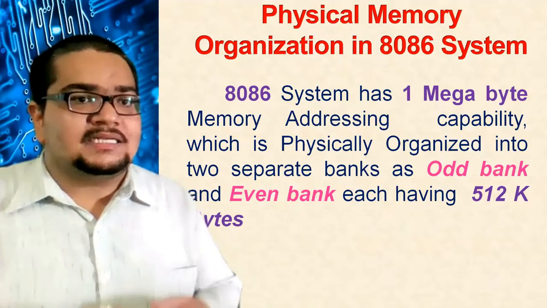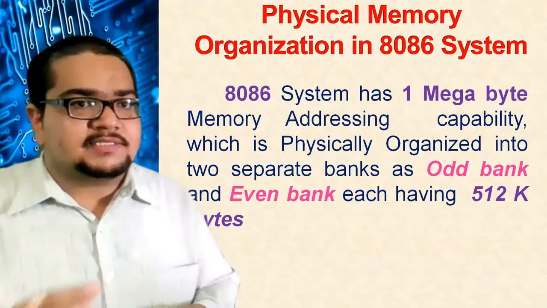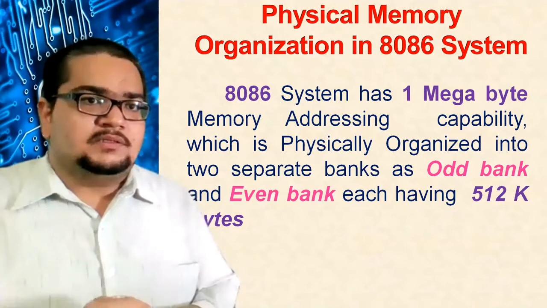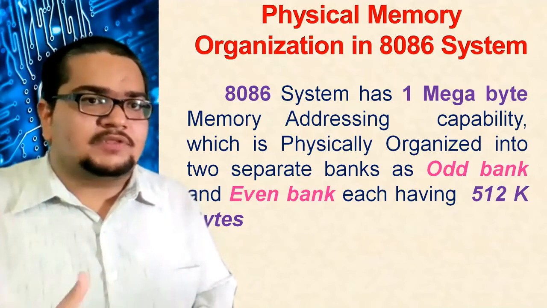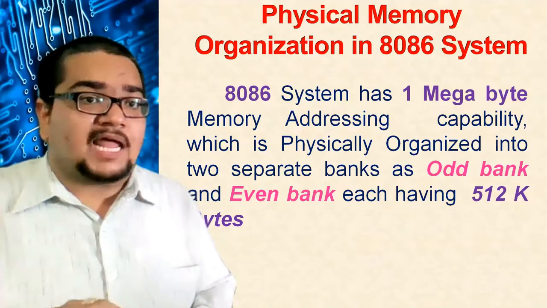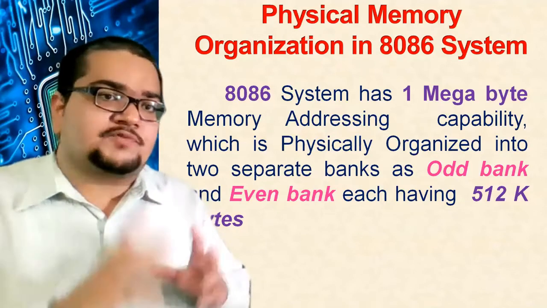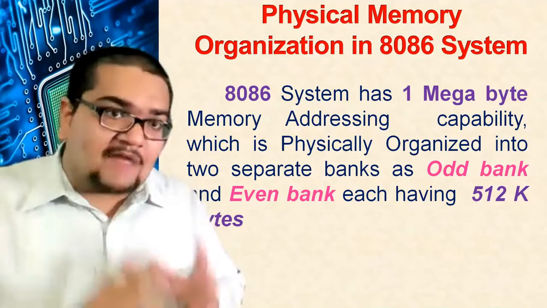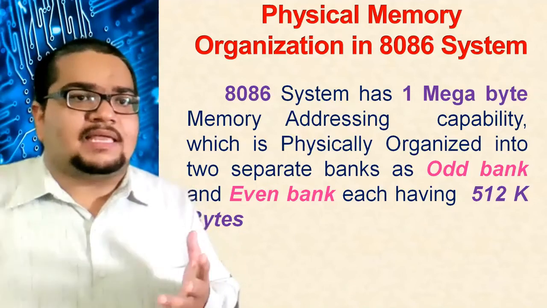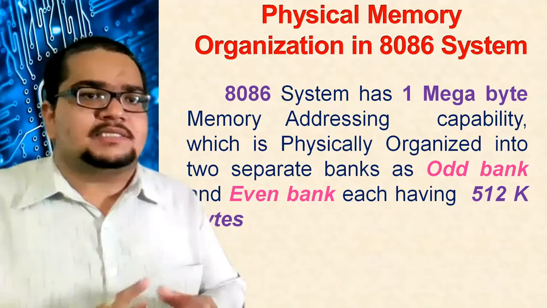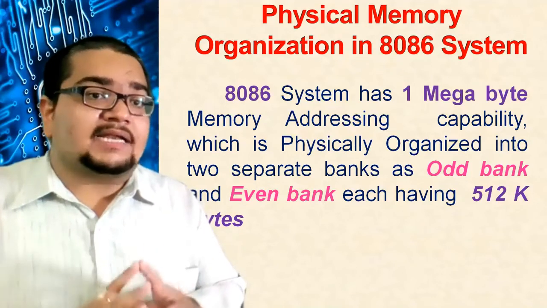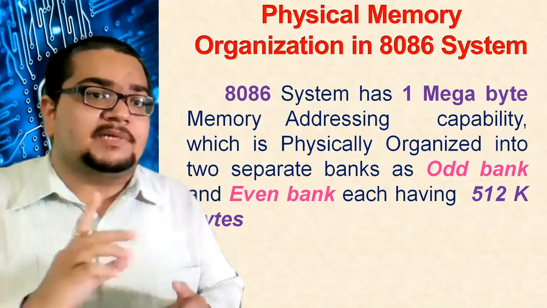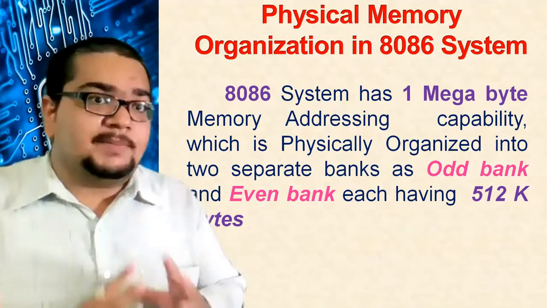We are accessing the data either in 16-bit format, as our internal registers are all 16 bits. Sometimes we may access the data in 8-bit format, because we have that option also. We have AL, AH, BL, BH, CL, CH, DL, DH. These 8 registers contain 8 bits of data, which can store 8 bits of data.